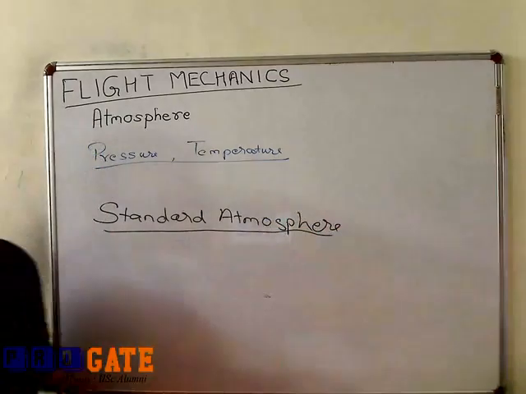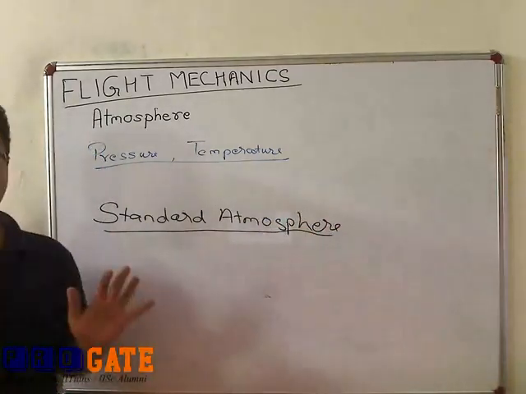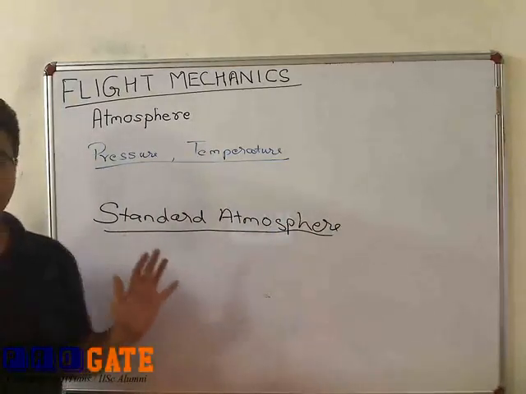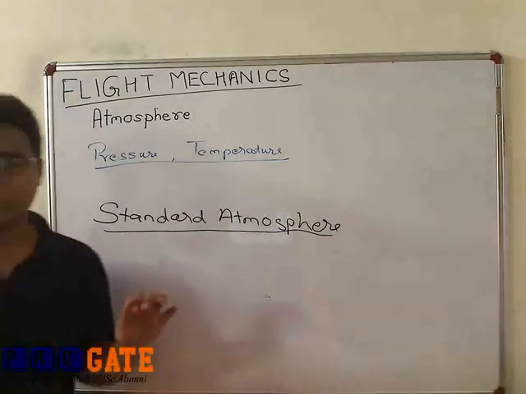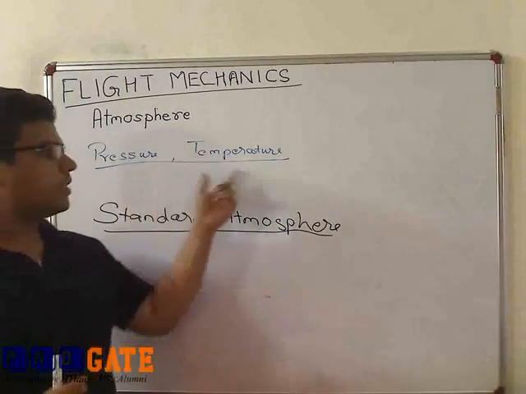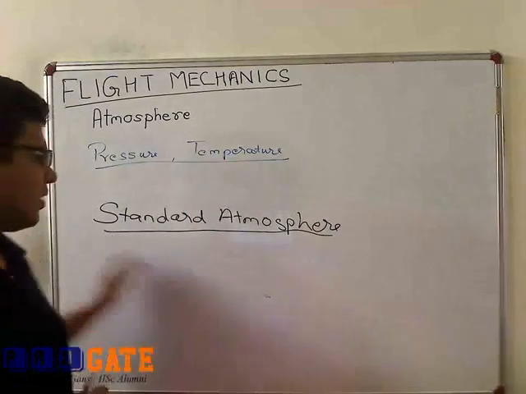Standard atmosphere is a hypothetical atmosphere whose properties are assumed to be constant. So when we know the location of the point on the earth, specifically the altitude of a point, then we can find out any of these properties: the pressure, the temperature, or the density.